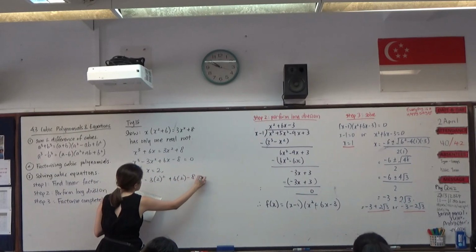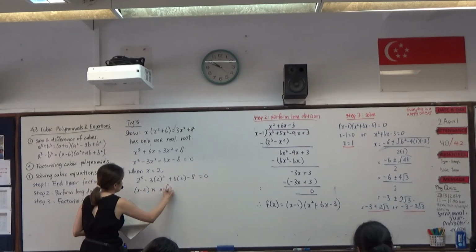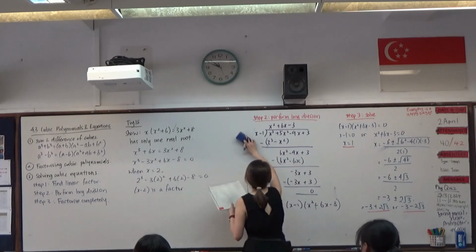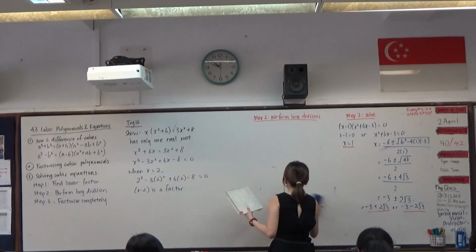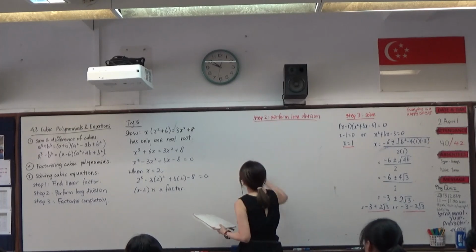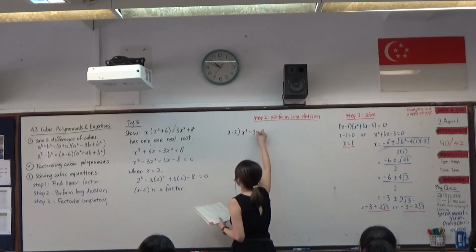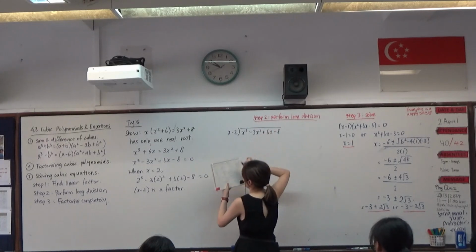We find that it is equal to 0, so x minus 2 is a factor. Then perform long division. Take the expanded form to do the long division.